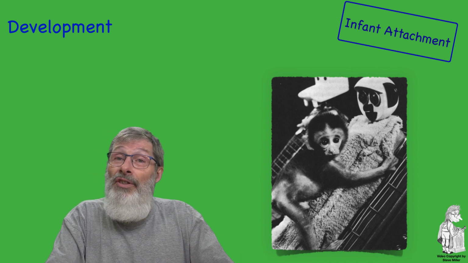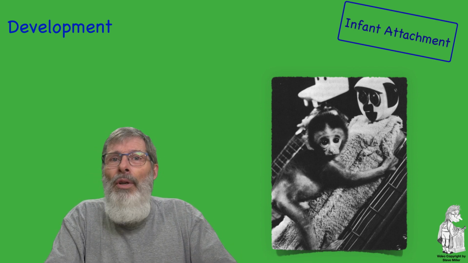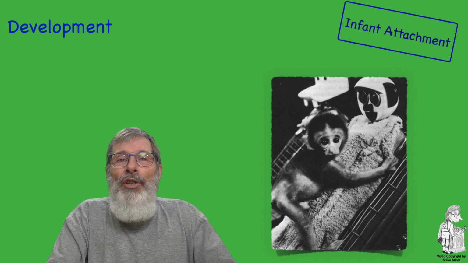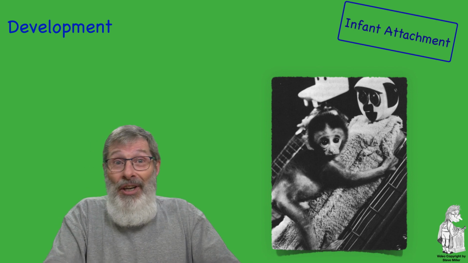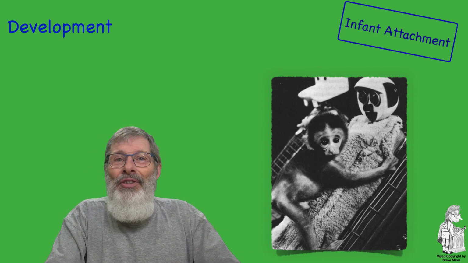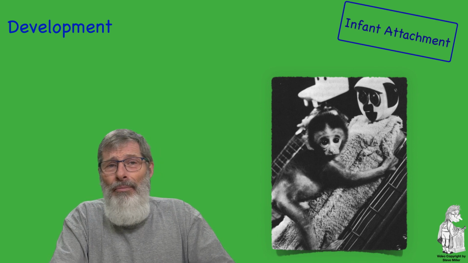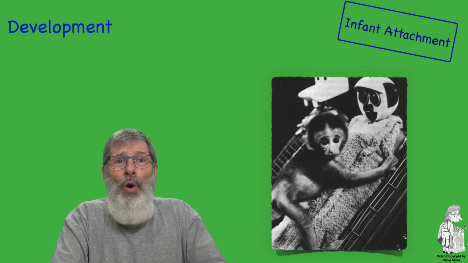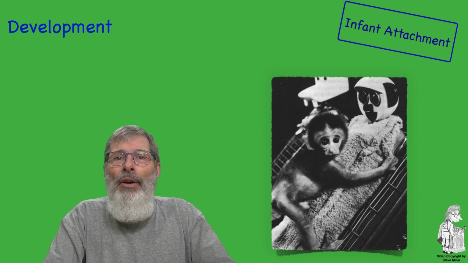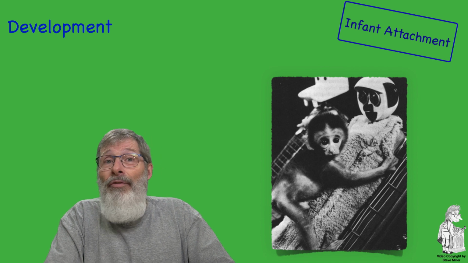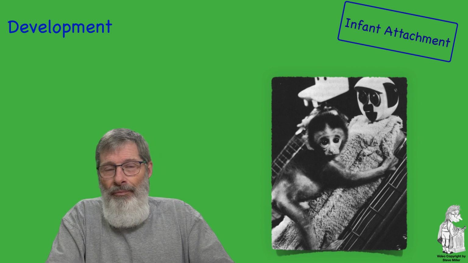Now, you might know his experiment with rhesus monkeys, where he created a wire mesh entity, we'll just say, and a terry cloth mother to demonstrate that rhesus monkeys, when they're in danger, prefer the terry cloth mother over the wire mesh. They concluded here that there may be an inborn need for contact comfort.